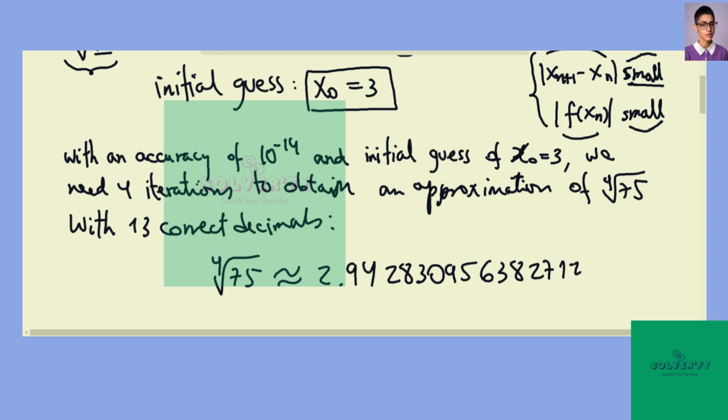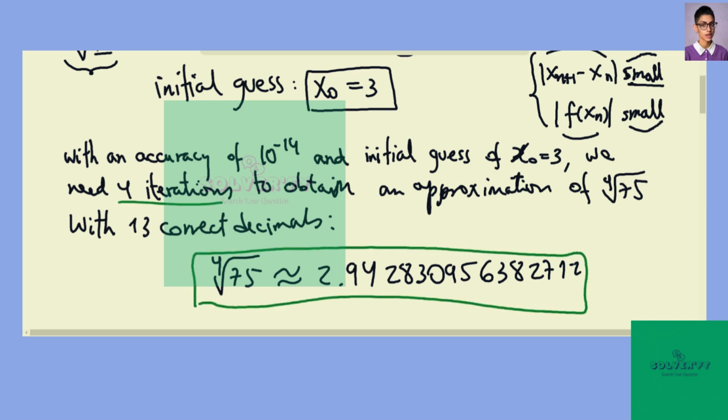In 4 iterations, there is a very fast convergence of this method for this function x to the fourth minus 75 and initial guess of 3 with an accuracy for double precision of 10 to the negative 14th.